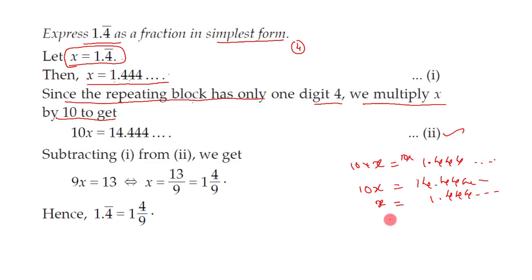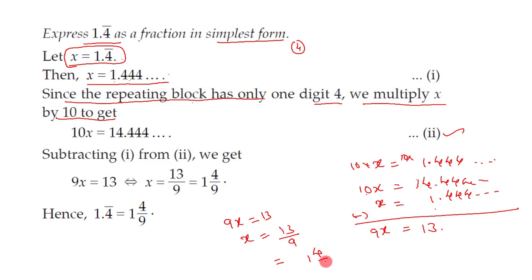Subtracting, you get 10x minus x, 9x, is equal to 14 minus 1, that is 13. 4 minus 4, then all the decimal places become 0. From this you get 9x is equal to 13. Then x can be written as 13 by 9, which can be written as 1 whole 4 by 9.